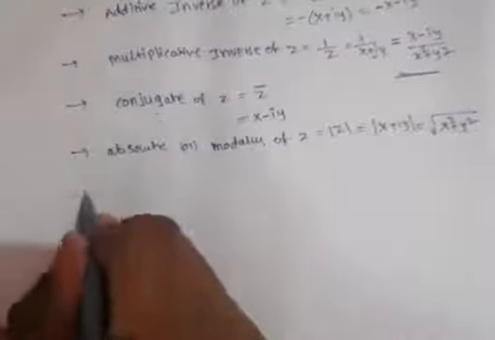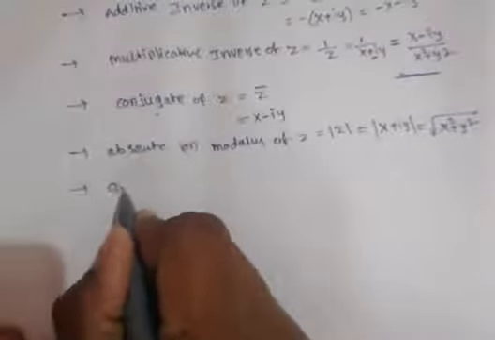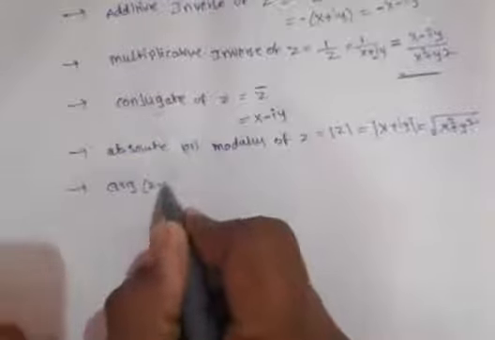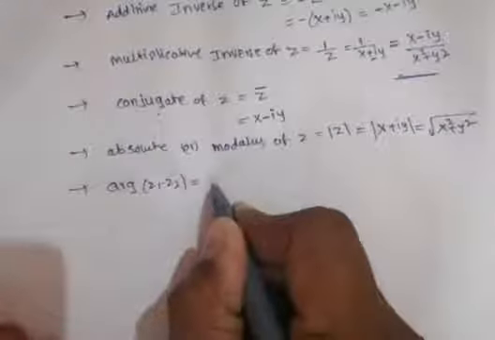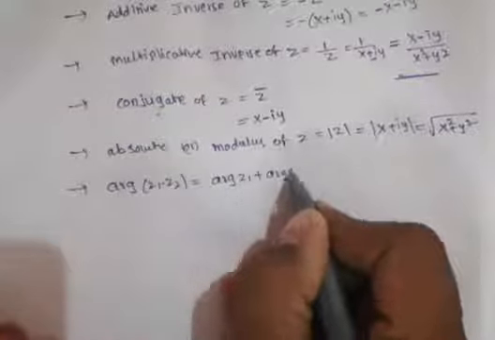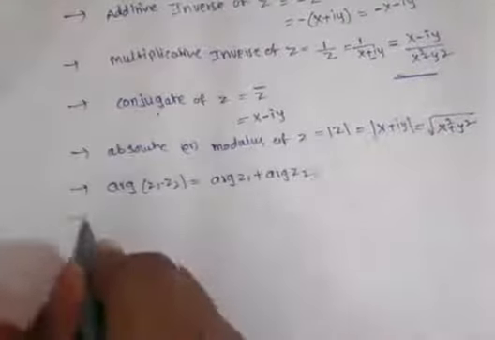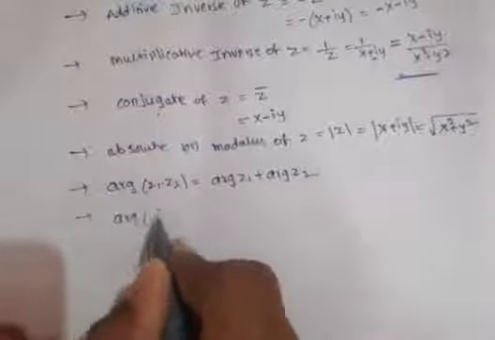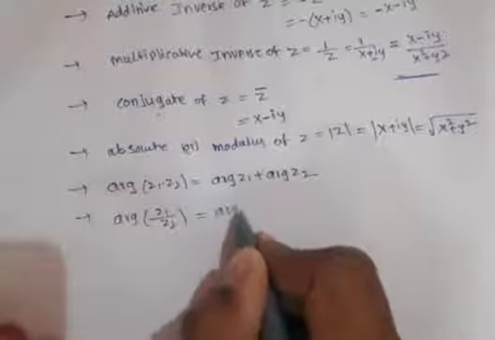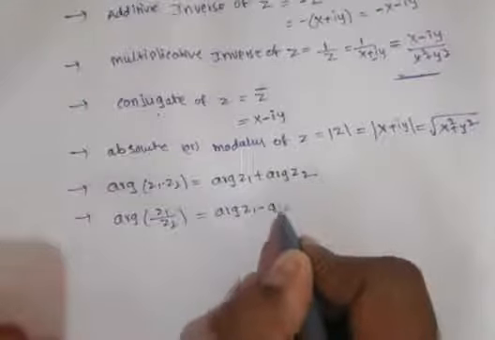Next we will discuss arguments. Argument is nothing but angle. Argument of z1 into z2 is equal to argument of z1 plus argument of z2. Argument of z1 by z2 is represented with argument of z1 minus argument of z2.